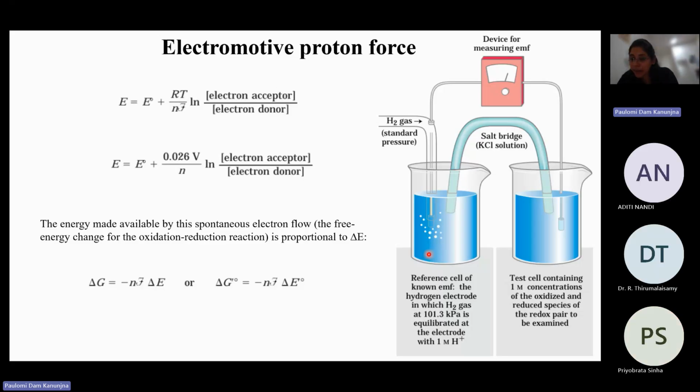We calculate it with this kind of setup. We have electrons flowing from the test electrode to the reference electrode, or vice versa, right? The ultimate reference half cell here is the hydrogen electrode, and this is at pH 0.